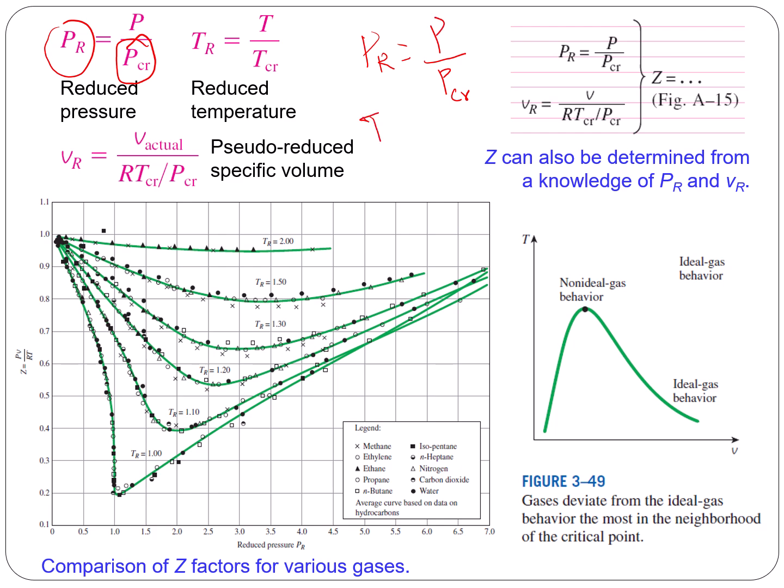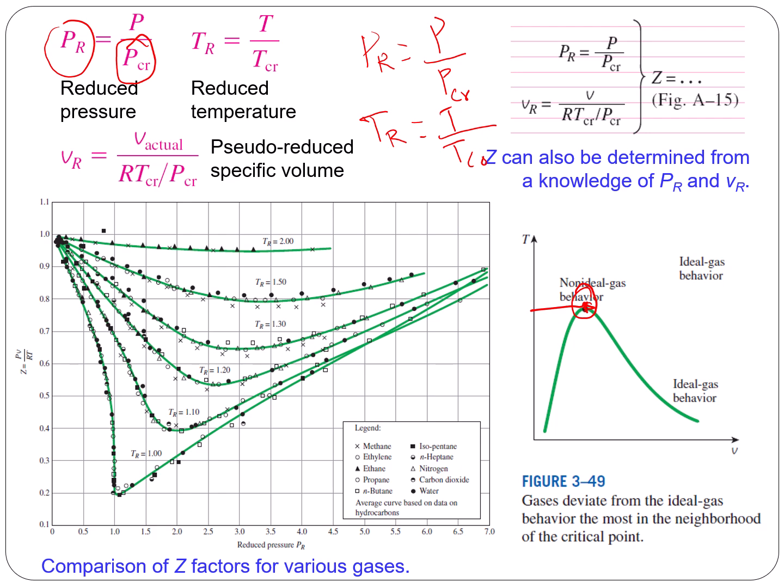Reduced temperature is again as compared to the critical temperature, T_R is T over T critical. This is the temperature corresponding to the point of intersection of saturated liquid and saturated vapor. That specific point, the value we call the critical temperature and pressure.